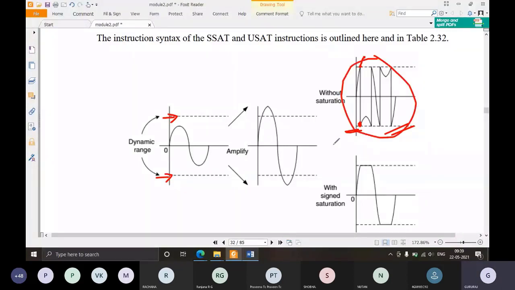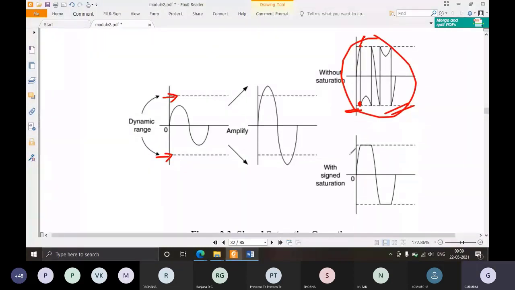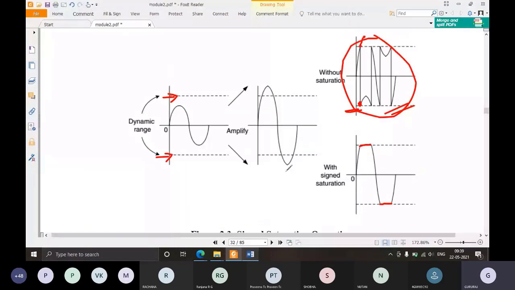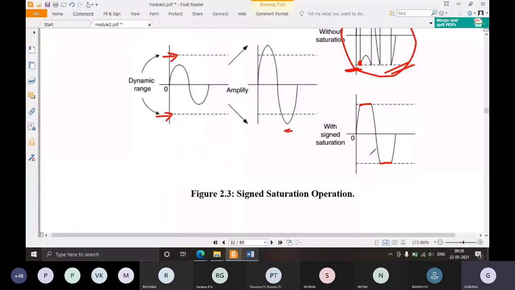To avoid this, we go for saturation. What saturation means is that as soon as the maximum positive value is reached, it is saturated, and as soon as the negative peak value is reached, it is saturated, so that at least we get a somewhat equal or somewhat amplified version only. So we'll not get distortions.